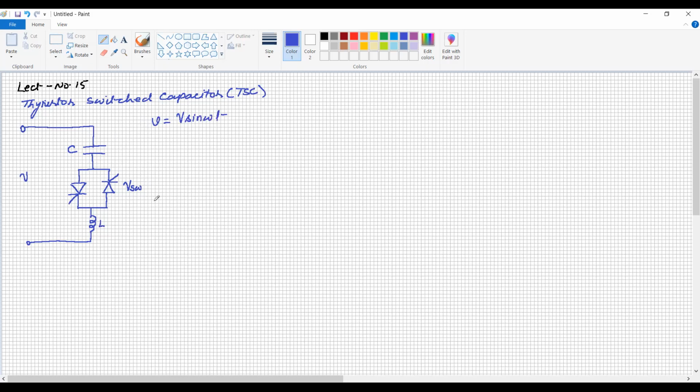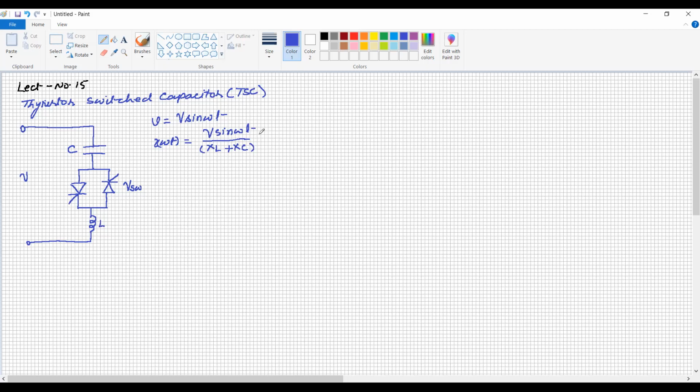This is the voltage across the capacitor, and the current I(omega t) is equal to V sine omega t divided by the reactance of inductor plus capacitive reactance.